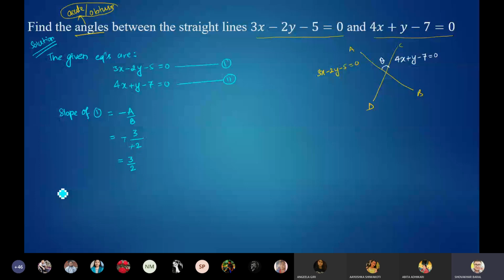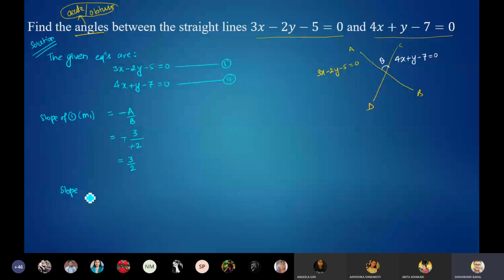I hope you understand this. So let's find the slope of this line 2 also. You can write m1, sorry, m1 is equals to slope of 1, in bracket you can write m1, because in the formula we are writing m1 and m2.